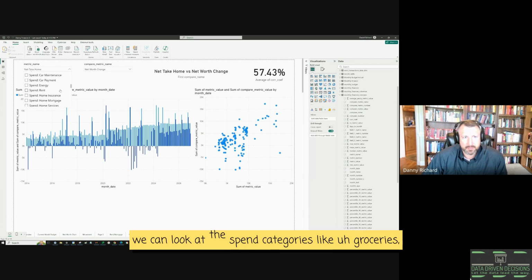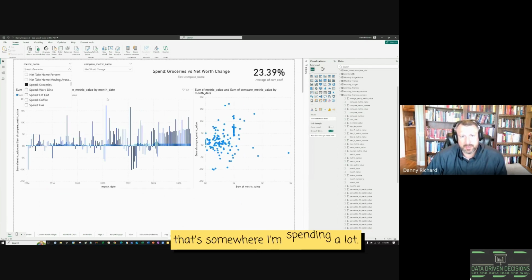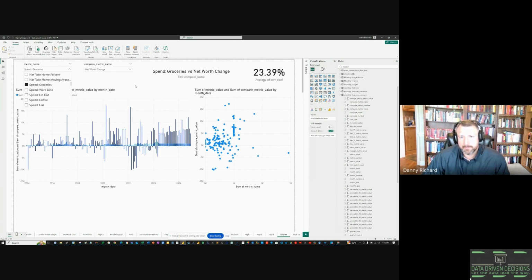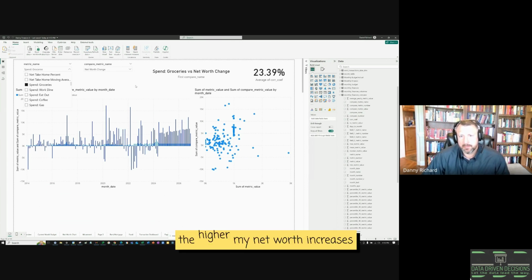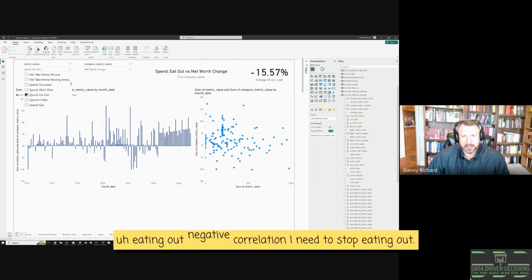We can look at the spend categories like groceries. That's somewhere I'm spending a lot. And weirdly enough, it's a positive correlation. So the more I spend on groceries, the higher my net worth increases. Eating out, negative correlation. I need to stop eating out.